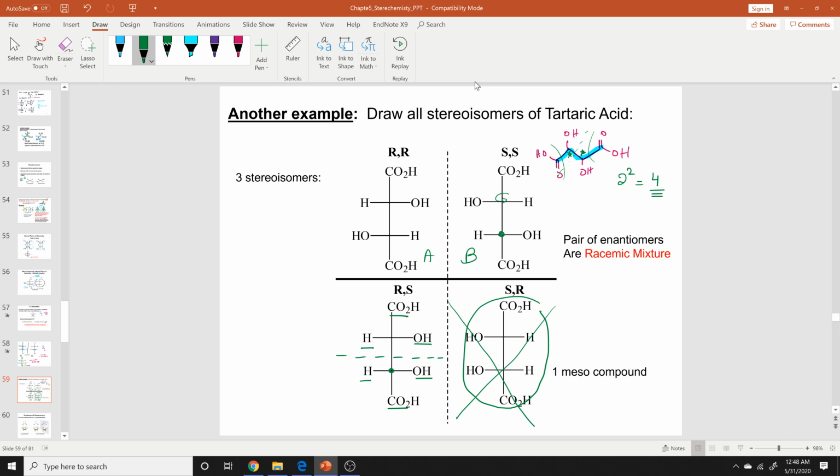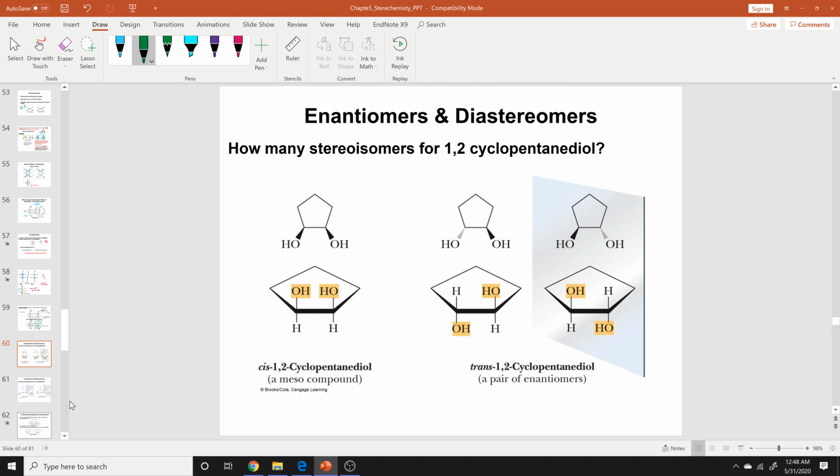So you would say that the molecule exists in a form of a pair of enantiomers and a meso compound. I will explain racemic mixture as I proceed, and I'm going to come back to this slide.